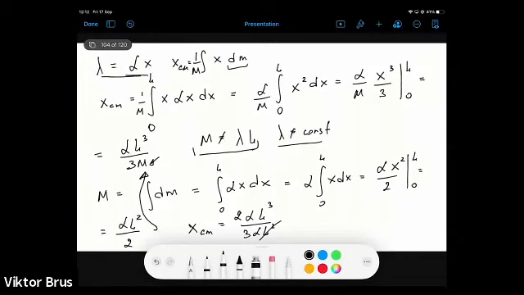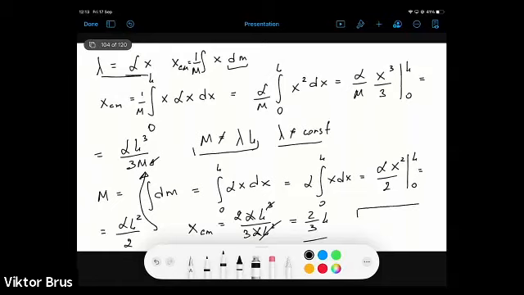So we can cancel out this and this, this and this. And we eventually get that it will be 2/3 of L. So you see that's already not 1/2 of L, not in the middle, but already shifted towards the further end.